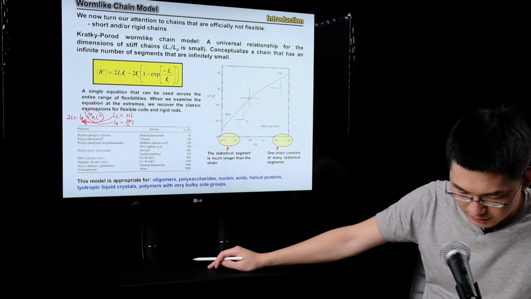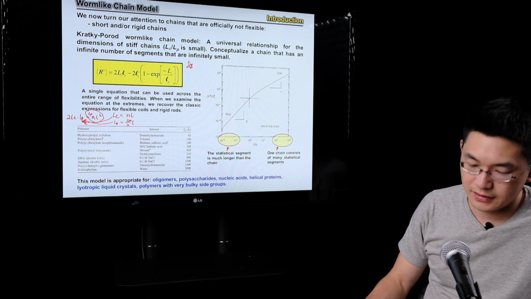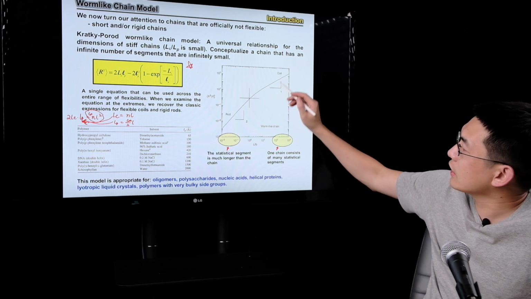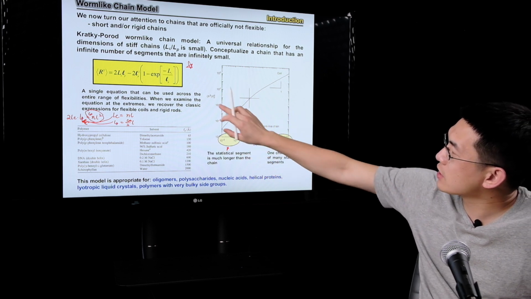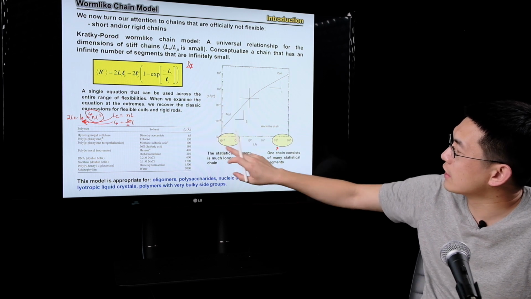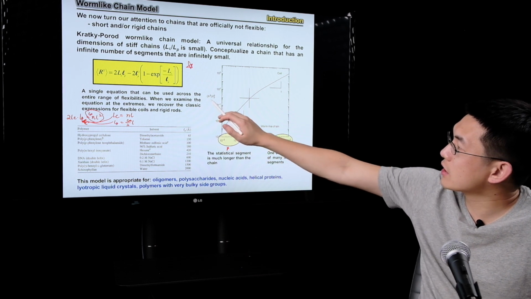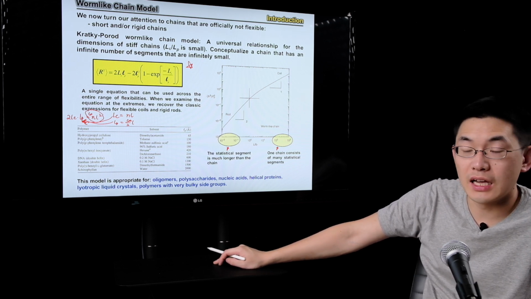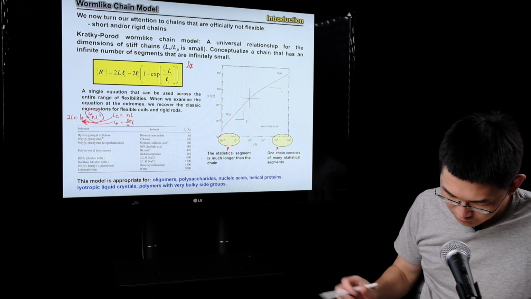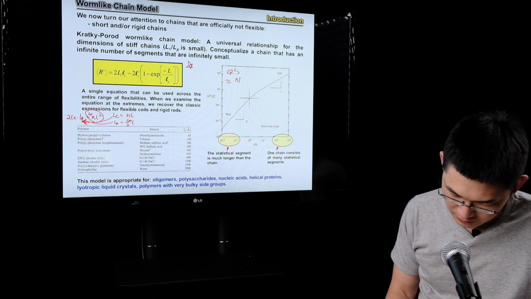What is so useful about the generalized equation shown here is that it can describe two limits. You can describe both the coil-like and rod-like polymer. What this term is showing is how the end-to-end distance is related to L divided by LP. If it's a rod-like polymer, your end-to-end distance squared will increase much more rapidly because, as we have discussed, R squared would be equal to NL squared.